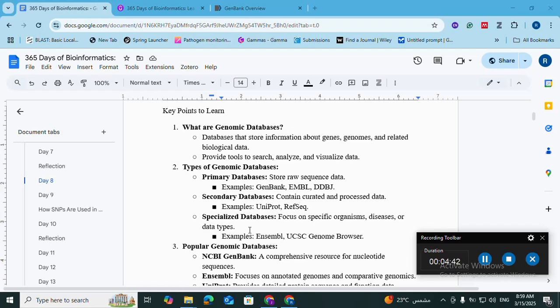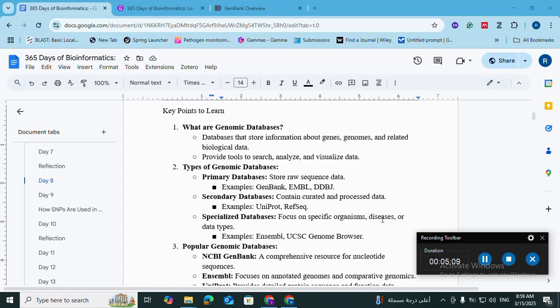Also there are specialized databases. A specialized database can focus on a specific organism. Some scientists are focusing on Homo sapiens, like me. Others are focusing on bacteria, others on parasites, others on plants. There are other databases according to disease.